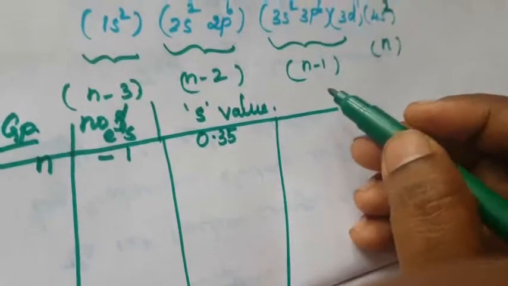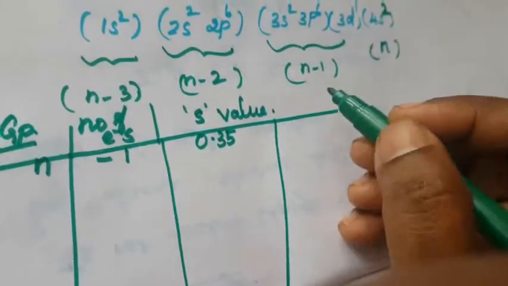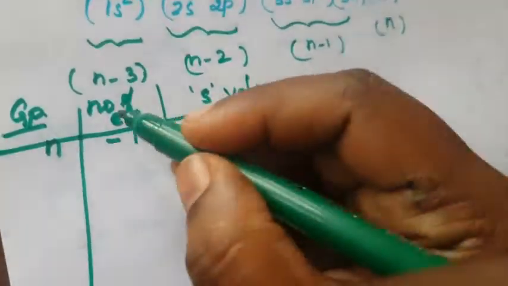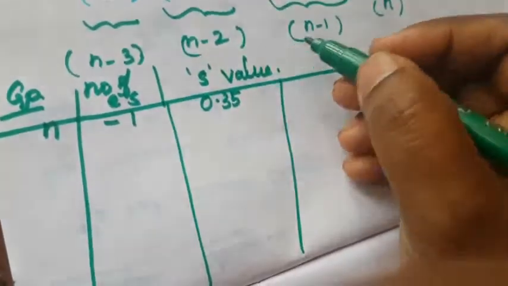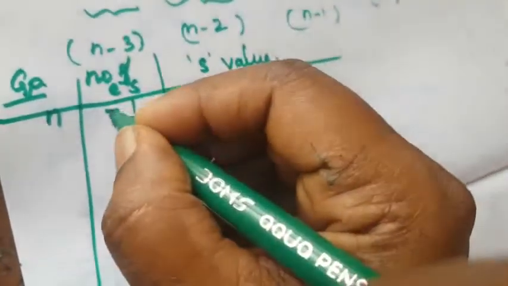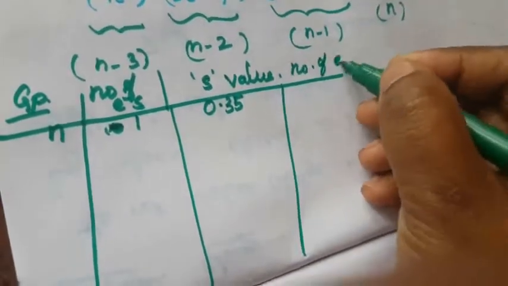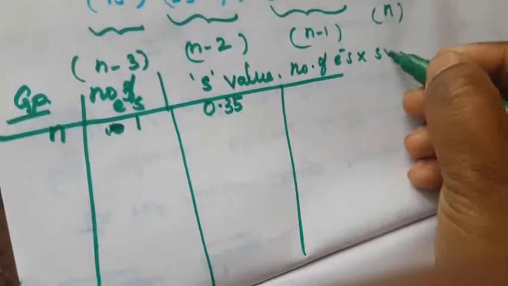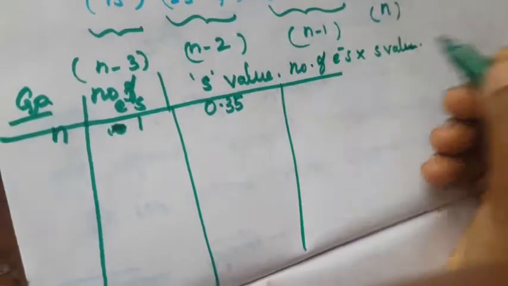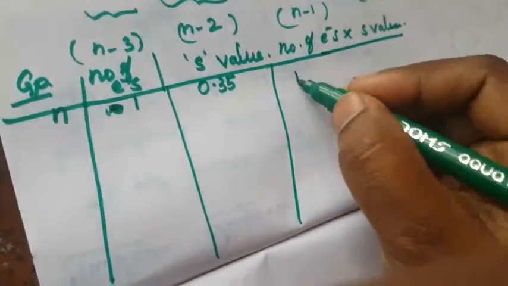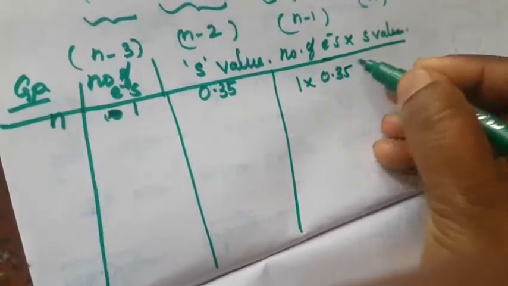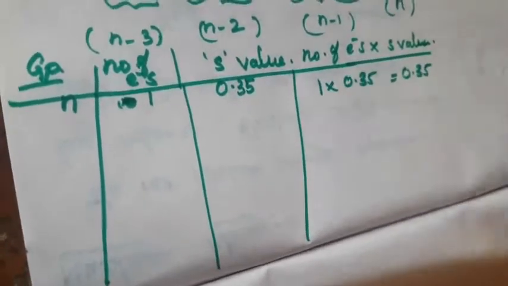Then the number of electrons multiplied by the S value, you remember that. So what is that value? 1 multiplied by 0.35 equals 0.35. This is the first one.